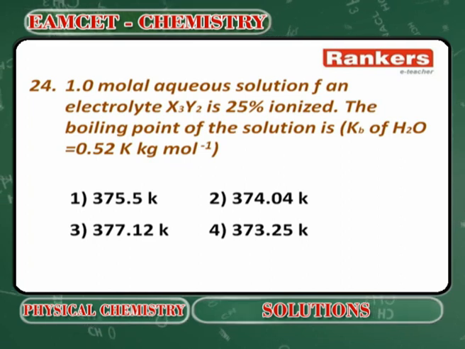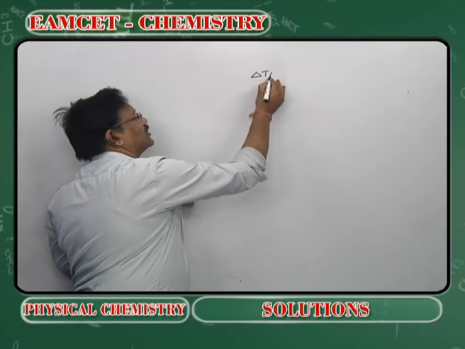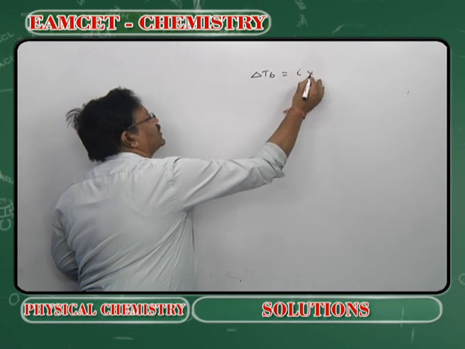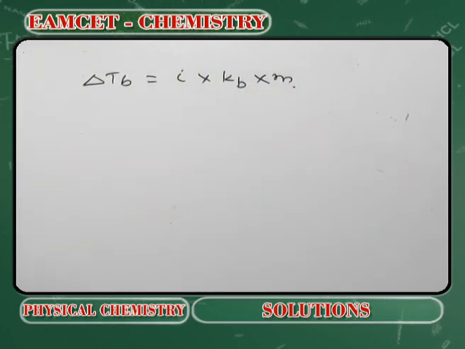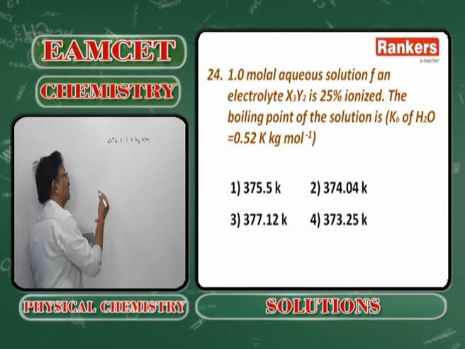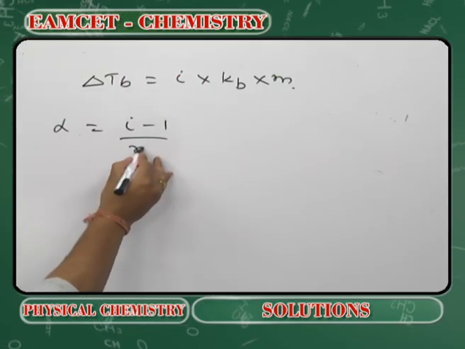1 mole of aqueous solution of an electrolyte X3 is 25% ionized. The boiling point of the solution is... Let us first find the delta TB. Delta TB is equal to i into Kb into m. What is the i value? Alpha is equal to (i minus 1) by (n minus 1).